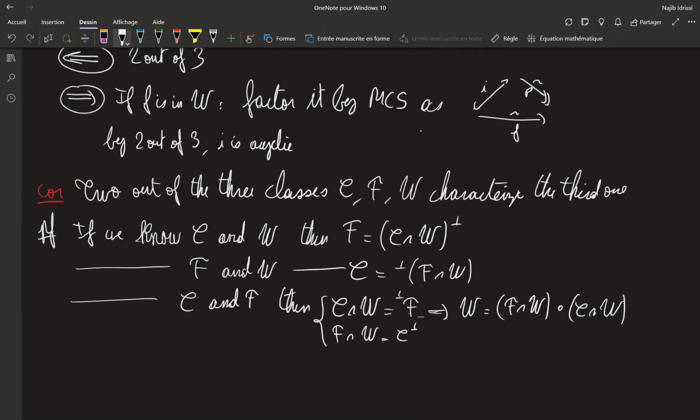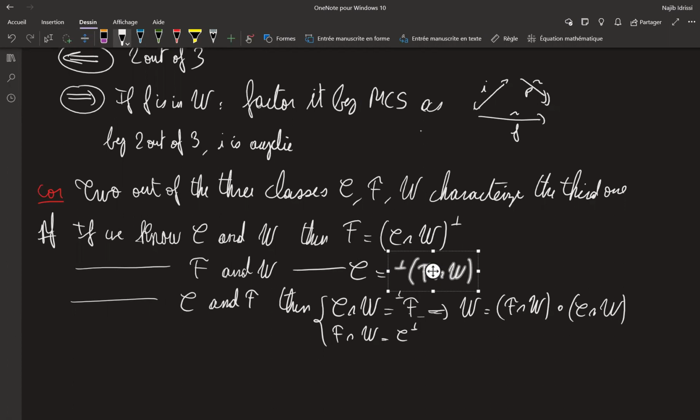Okay? So as a warning, maybe I can just say it orally, because if you give 2 classes, then you can define a third one, which could be the class of cofibration. So for example, if I give you fibrations and weak equivalences, you can say, okay, I define cofibrations as the set of maps which have a left lifting property.